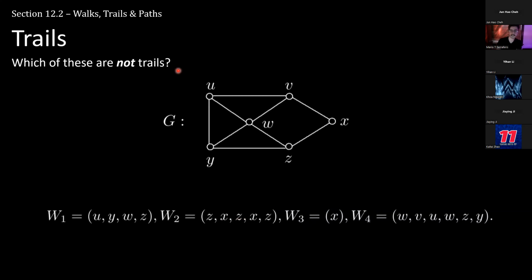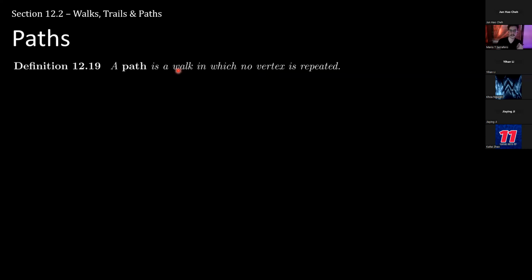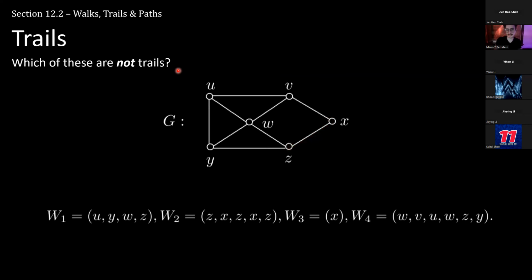So you might be wondering, is there a corresponding type of walk where I don't cross a vertex twice instead of an edge twice? And yes, there's a word for that, and it's a path. A path is a walk in which no vertex is repeated, right? So W4 is a trail, but it is not a path because we're repeating w.